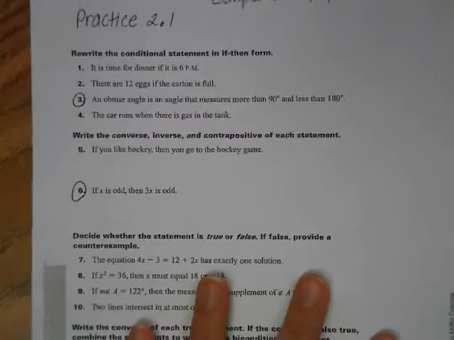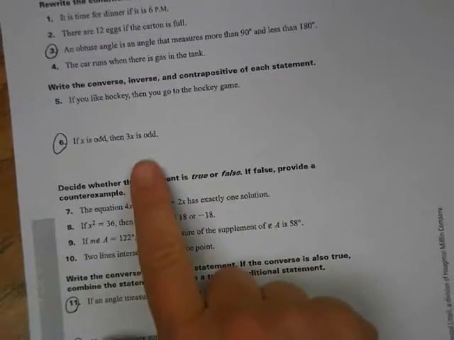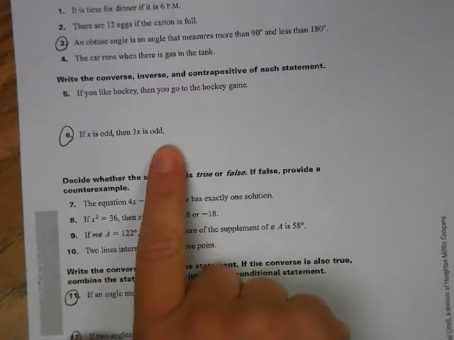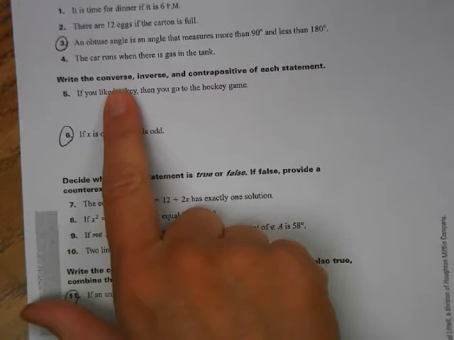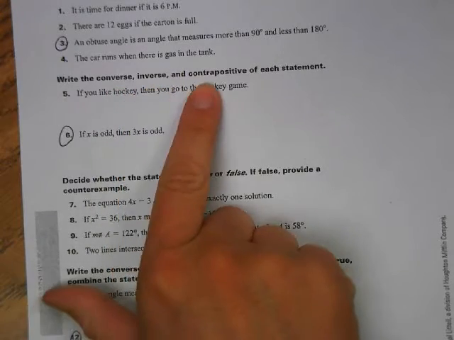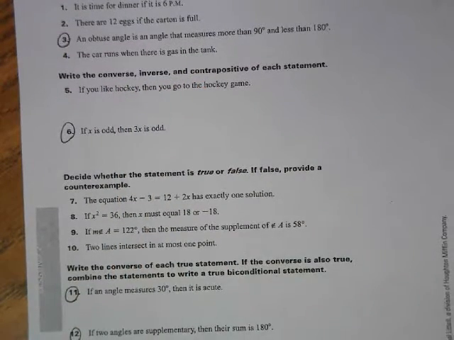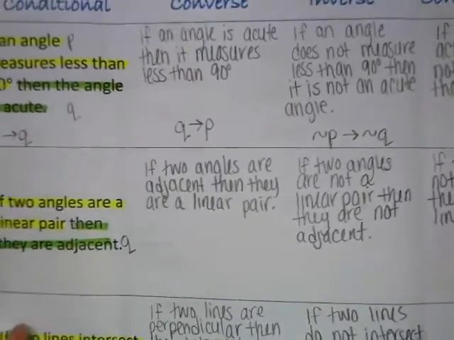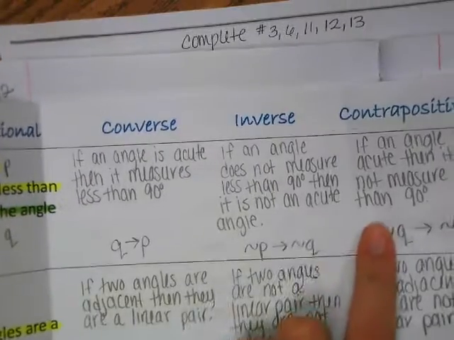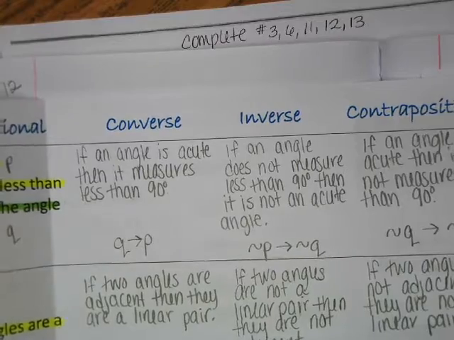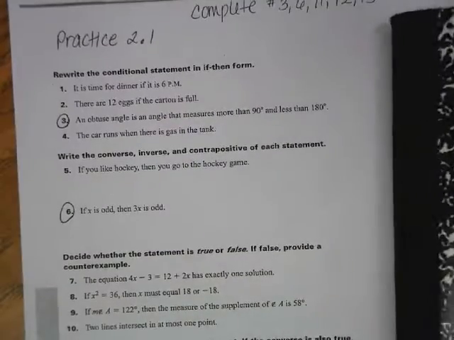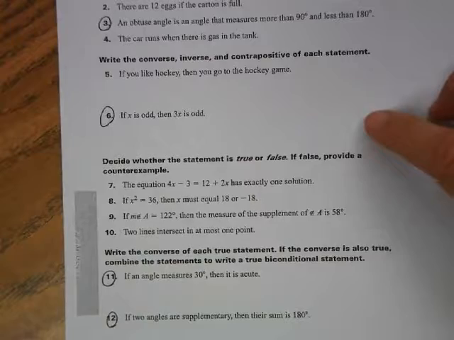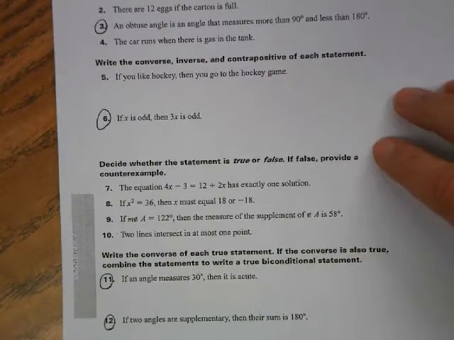So that's number 3. Number 6, you're going to take a conditional statement and you're going to have to write the converse, inverse, and contrapositive. So that's just like page 12 where we did 3 examples and we wrote all of the statements based off of the conditional. So number 6 has a lot of writing because you have to do 3 statements for it.